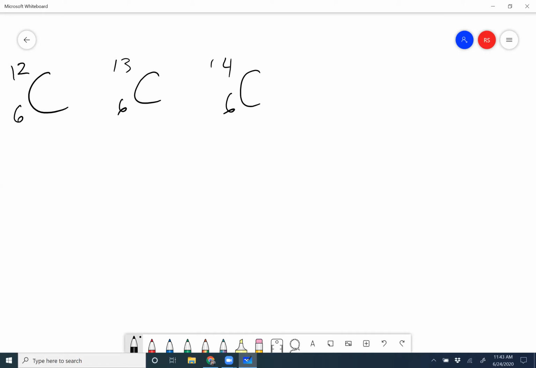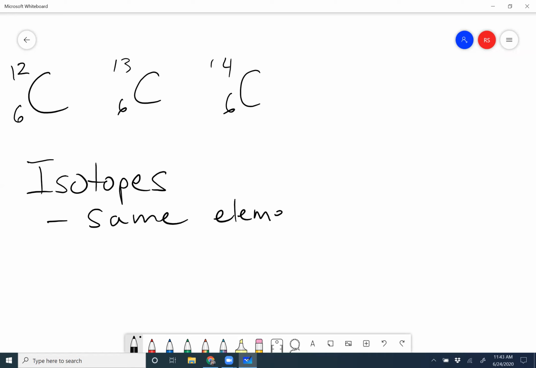But there are actually 3 different types of carbon atoms: carbon 12, carbon 13, and carbon 14. These guys are all called isotopes. And they're the same element, so they're all carbon. But you'll notice, because of their different atomic masses, their neutrons are all different. So their protons are going to all be the same. They're all going to be 6.